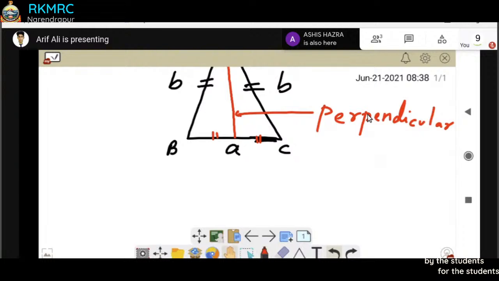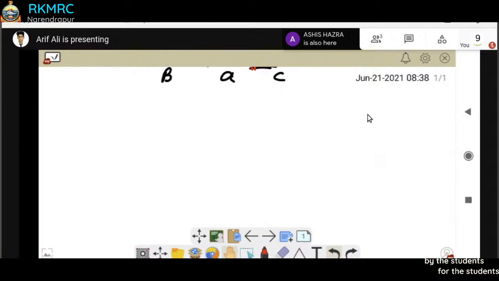So if you are asked to calculate this perpendicular or height, both are same things.